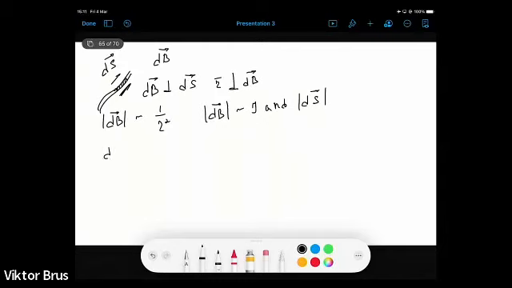So we can write dB absolute value is proportional to sine theta, where theta is the angle between ds vector and our unit vector, which defines the radius vector of this point position with respect to length element ds.